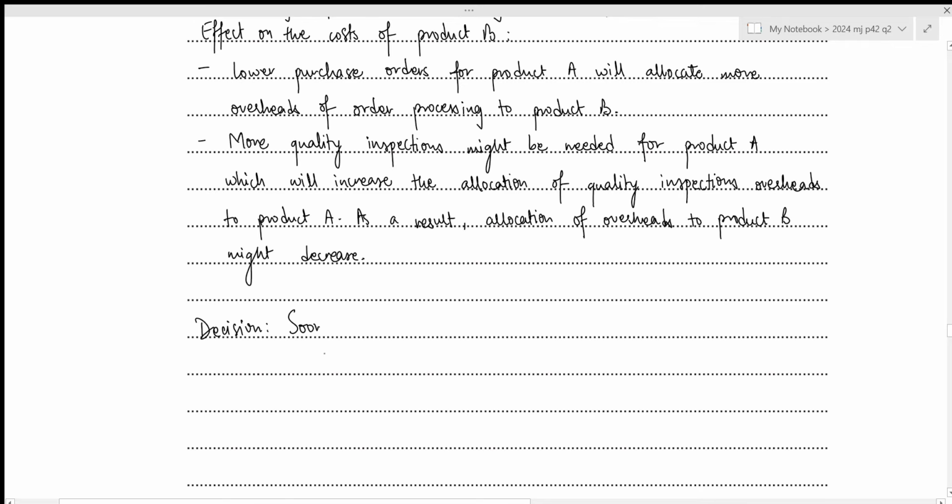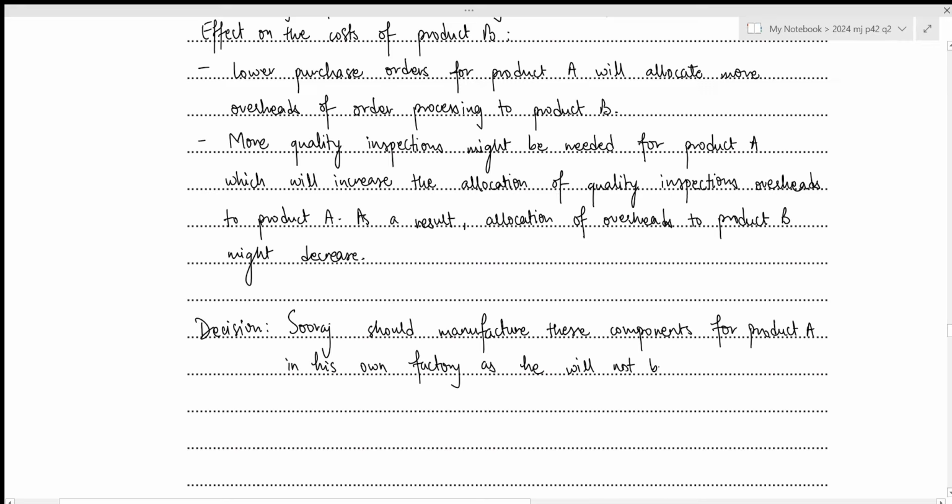Suraj should manufacture these components for product A in his own factory, as he will not be dependent on the supplier.